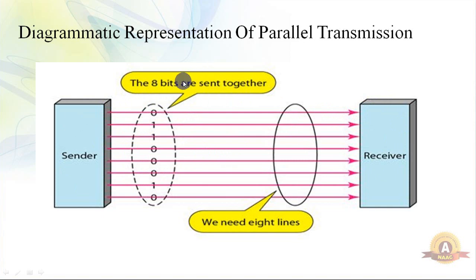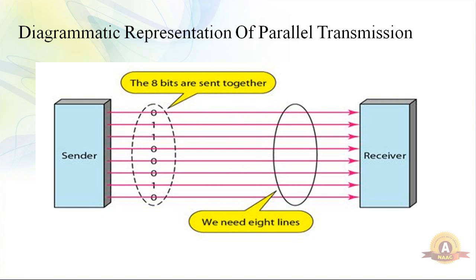In parallel transmission, the devices are situated at a short distance, and we can send 8 bits at a time.